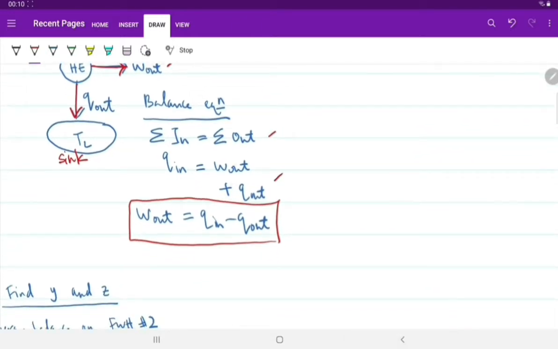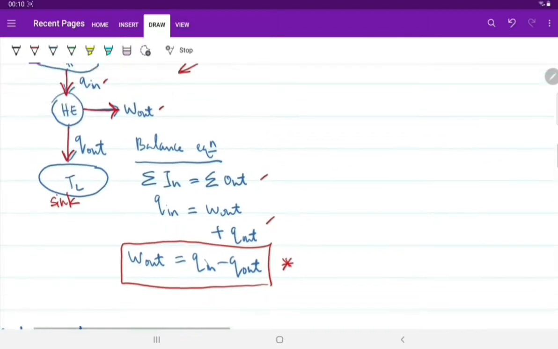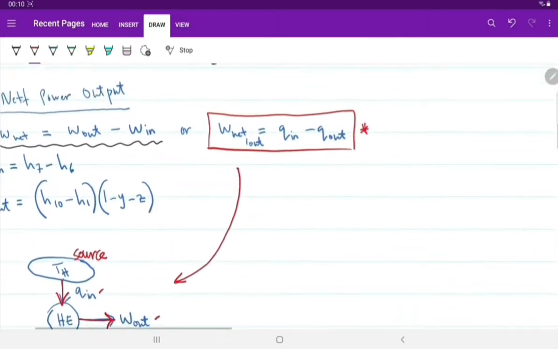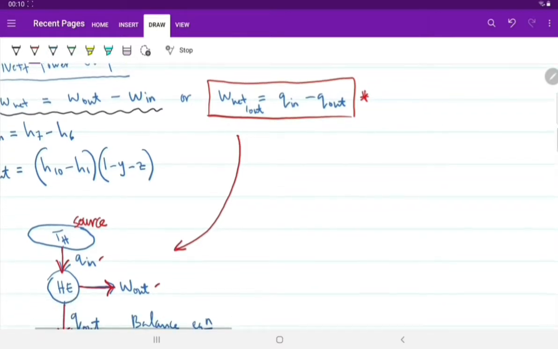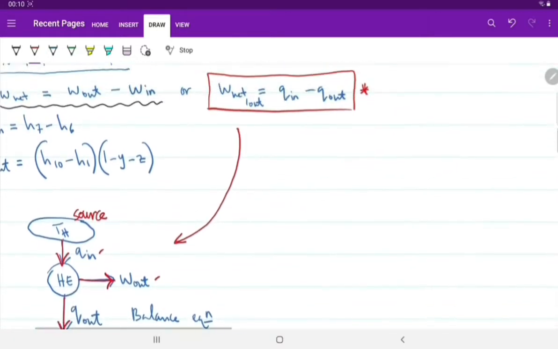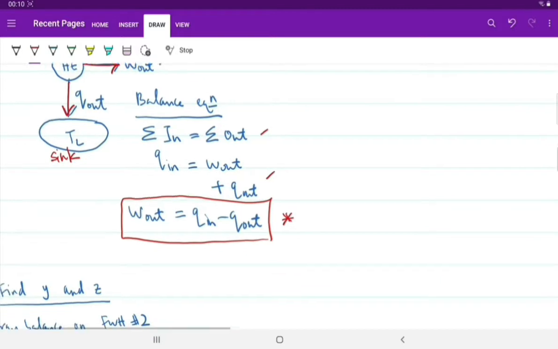So you can manipulate that equation: W out equals Q in minus Q out. So this is how we find this equation: W out, or W net out, equals Q in minus Q out.